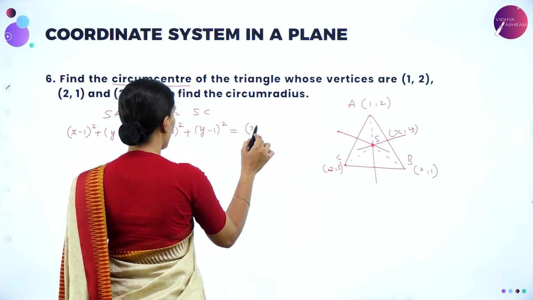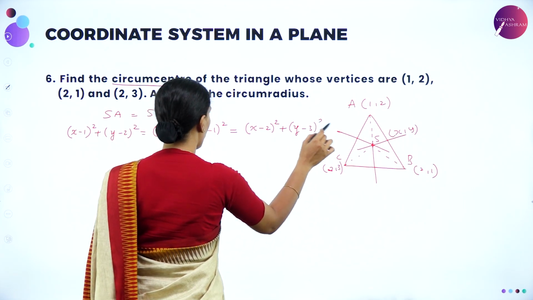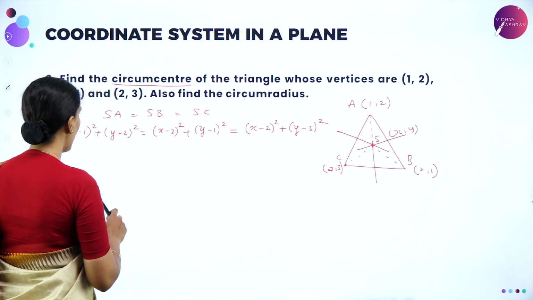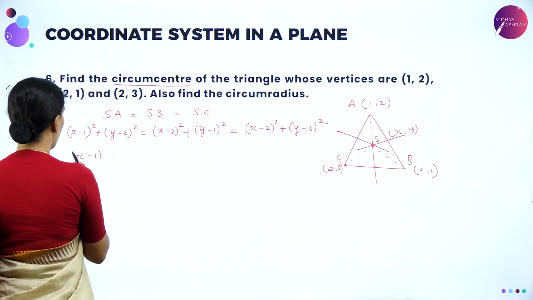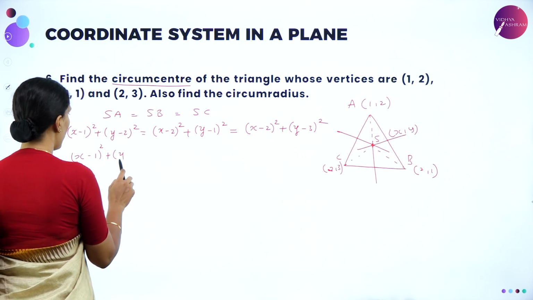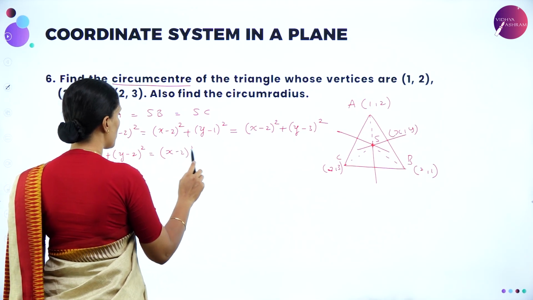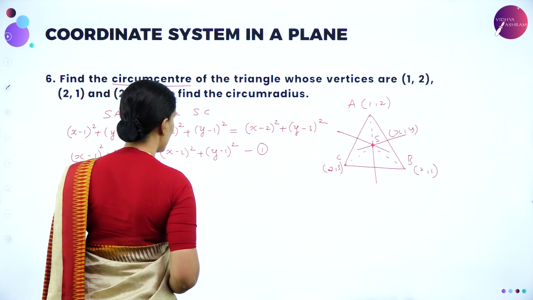And here we can write (x minus 2) whole square plus (y minus 3) whole square. So we have three equations here. We can write them separately as (x minus 1) whole square plus (y minus 2) whole square is equal to (x minus 2) whole square plus (y minus 1) whole square. Let me consider this as equation 1.